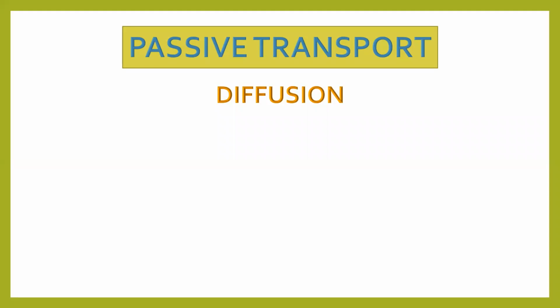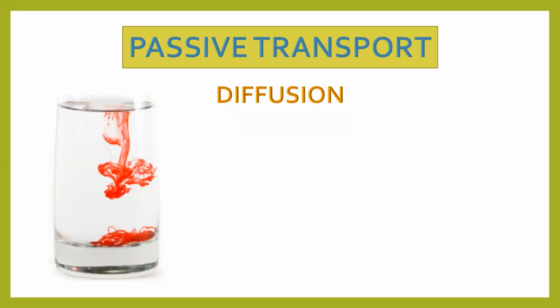Correct? Do I need to take a spoon and stir it? Color, please mix nicely. No, absolutely not. It will just happen on its own, right? This is a simple example of diffusion.